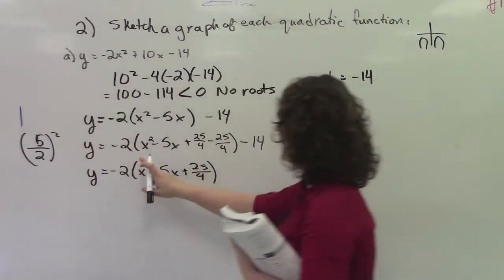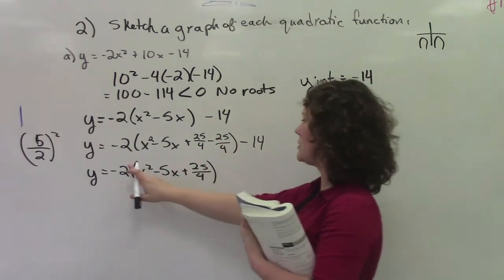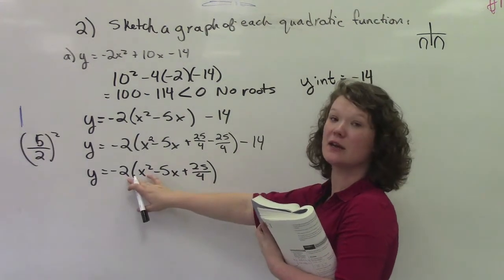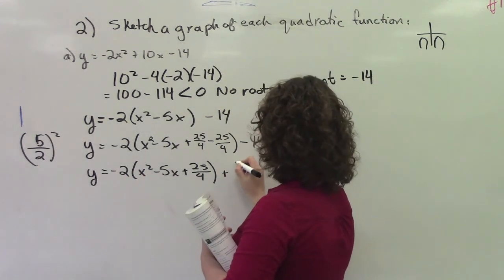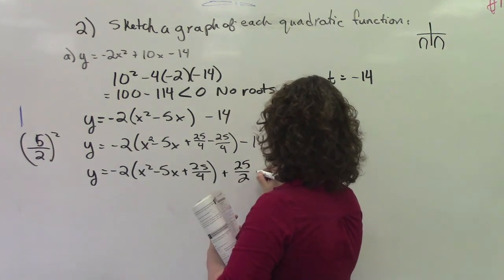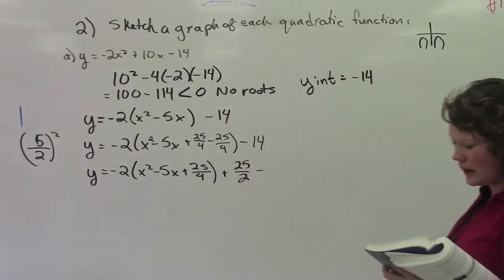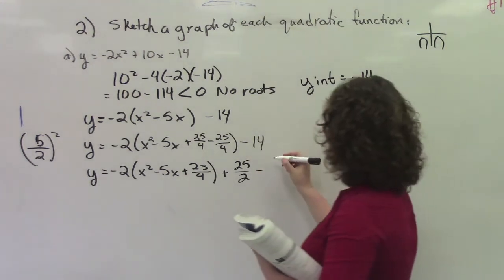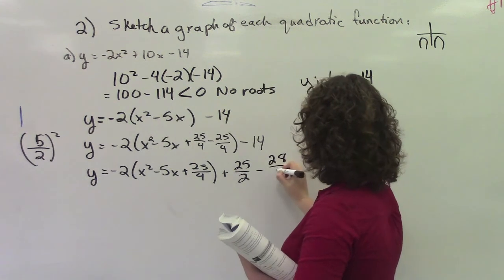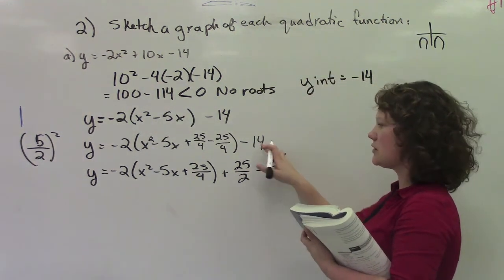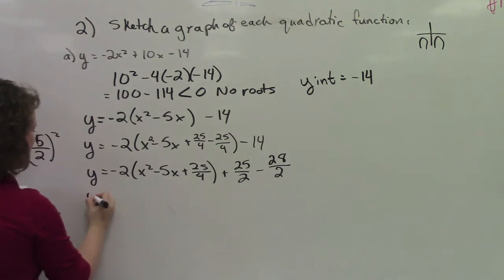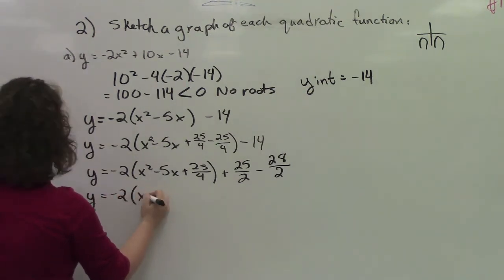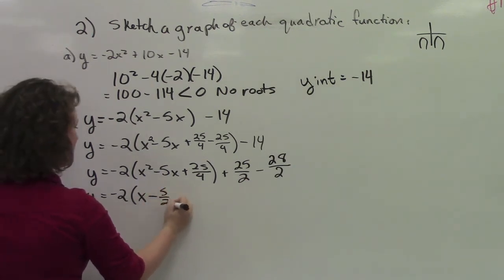And then here, negative 2 times negative 25 over 4 is just going to be positive 25 over 2, minus, and what I'm going to do right off the hop is make this have a common denominator. So I'm going to say minus 28 over 2. Okay, 14 is just 28 over 2. This turns into negative 2 times x minus 5 over 2 squared.